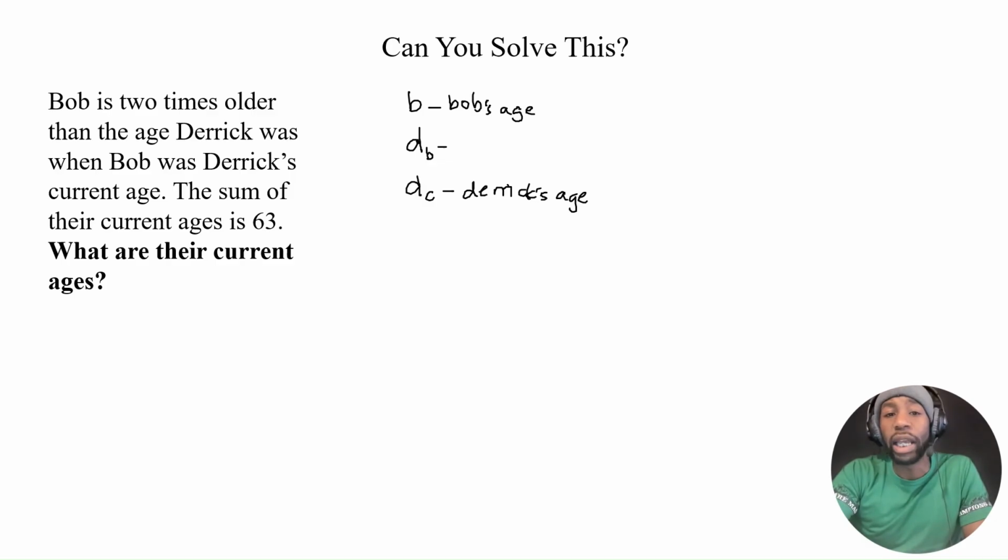What do I mean by that? This says Bob is 2 times older than the age Derek was when Bob was Derek's age. That's the age we're calling Derek's age beforehand.